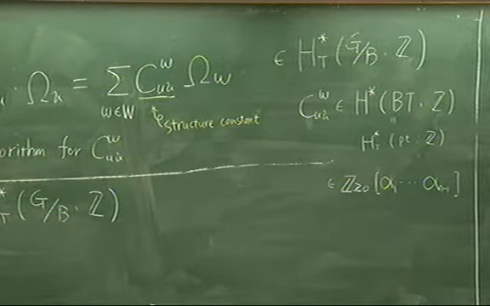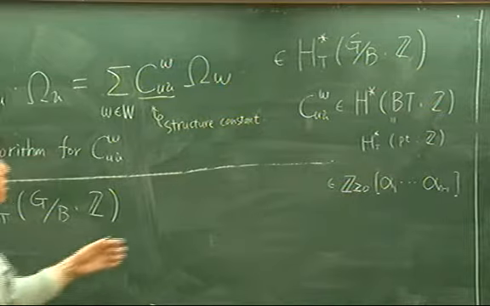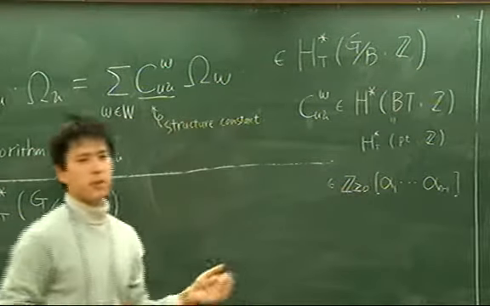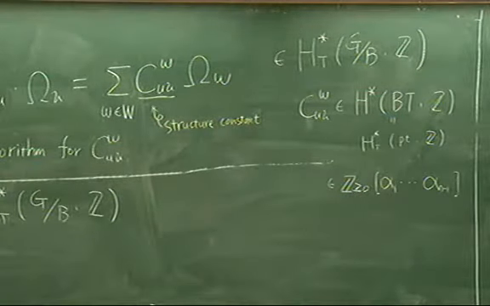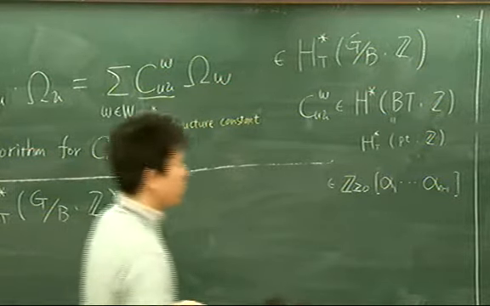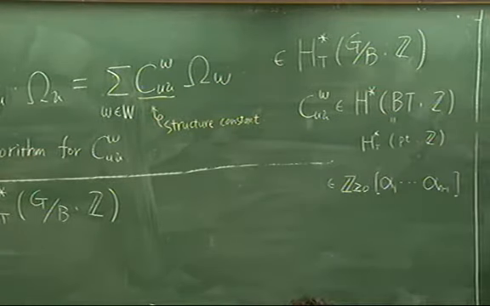If you rewrite the structure constant as a polynomial of simple roots, then the coefficients must be positive.